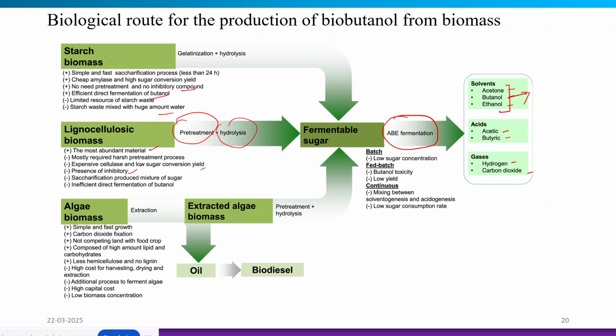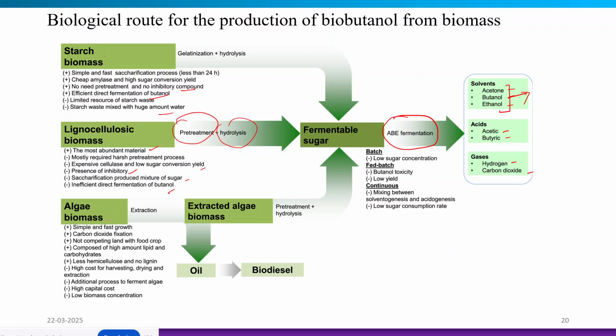Saccharification produces a mixture of sugars, so C5 and C6 sugar conversion is a little more difficult than conversion of only C6 sugar, and there is insufficient direct fermentation to butanol.